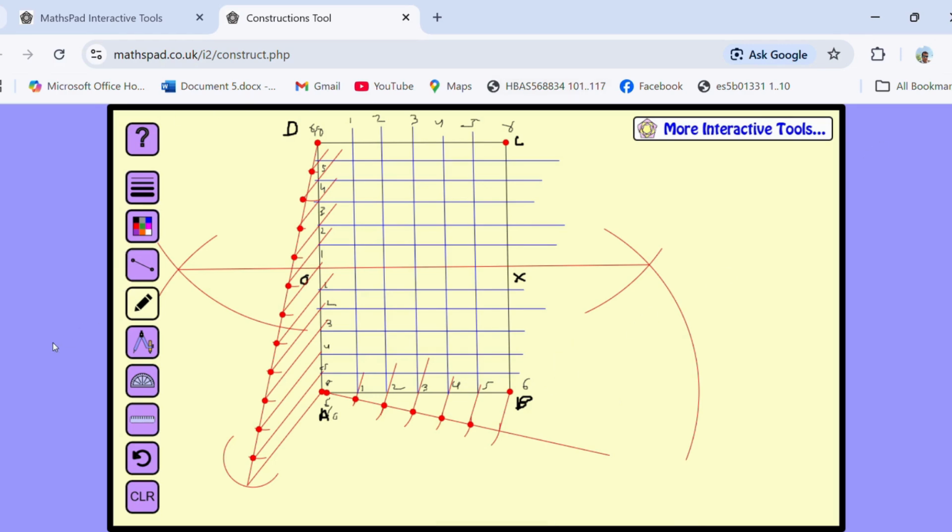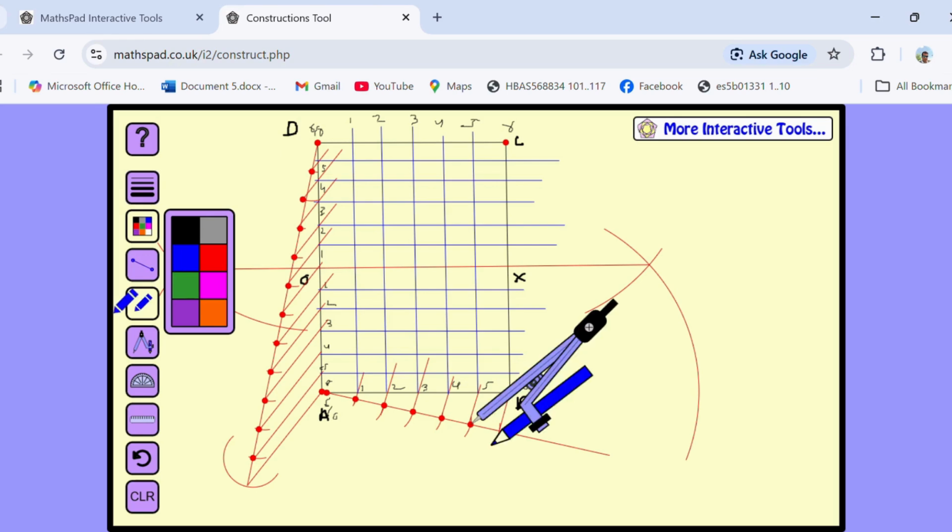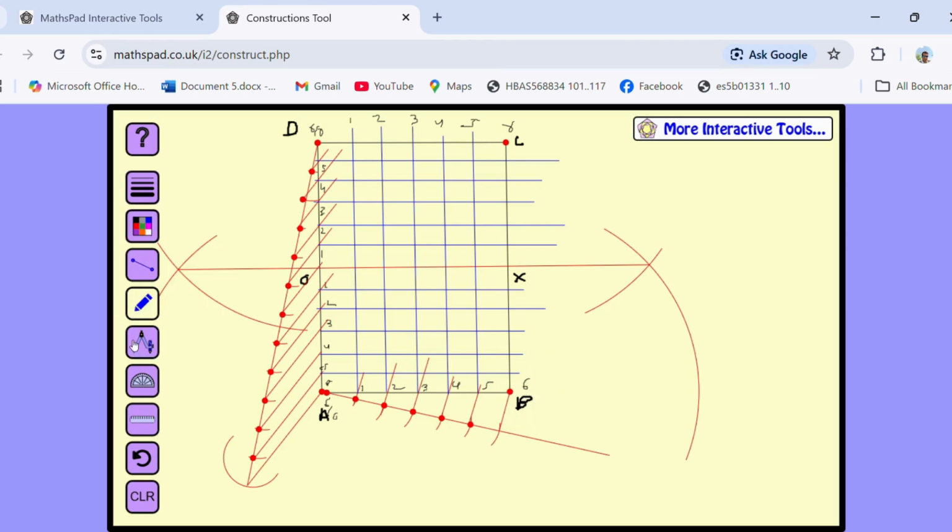Okay, we did the numbering in AB and CD like 1, 2, 3, 4, 5, 6.